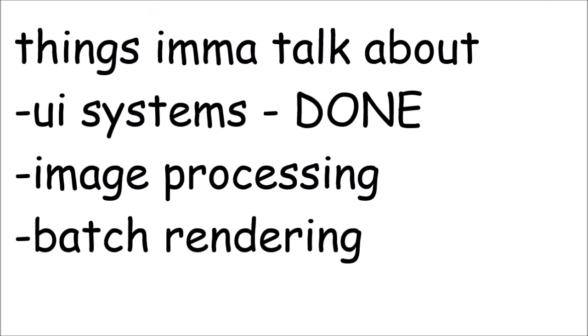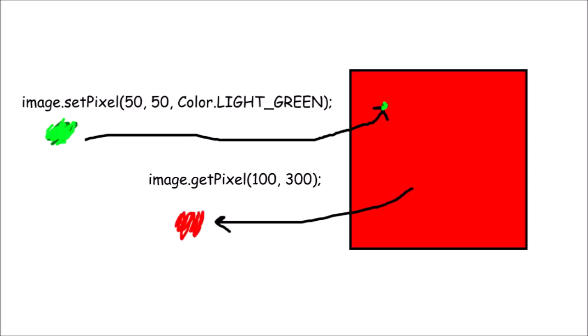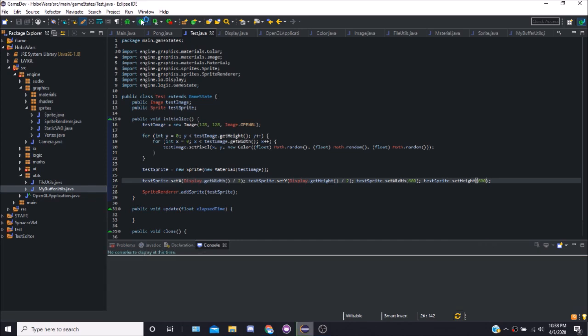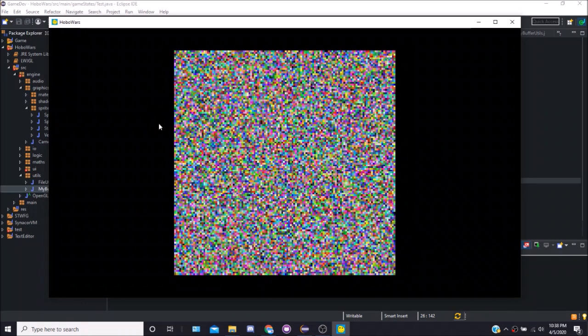So after I implemented the UI system, I went on with image processing. And image processing is not really the right term, because all I do is set and get pixels of a certain texture. And so I implemented that pretty easily, with first just being able to make my own image and then tell what each pixel is.